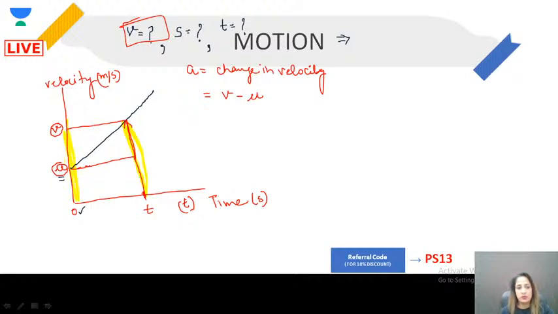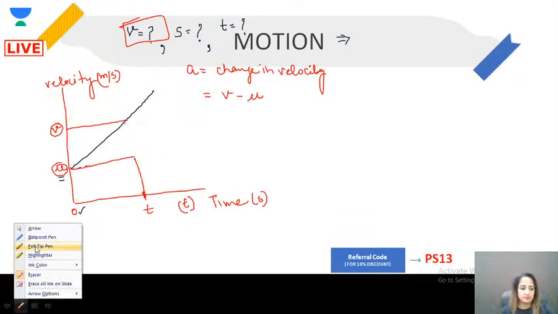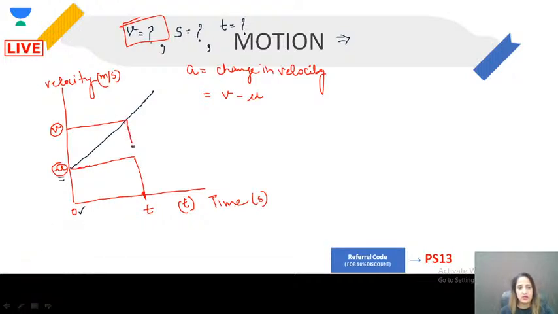We have to subtract u, this one, and if we subtract u, that will be our acceleration, rate of change of velocity. Okay, so let me get rid of this. All right, so now v minus u by t will be our acceleration.